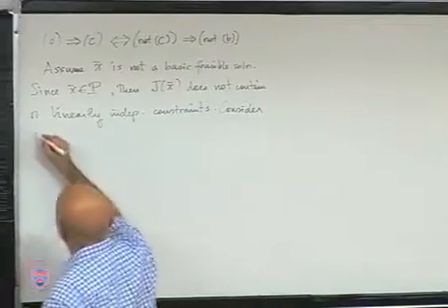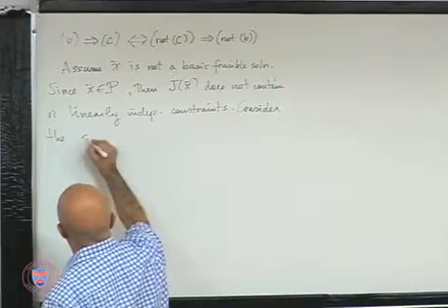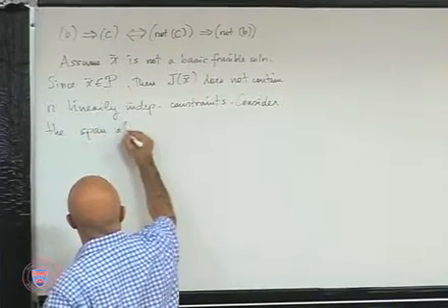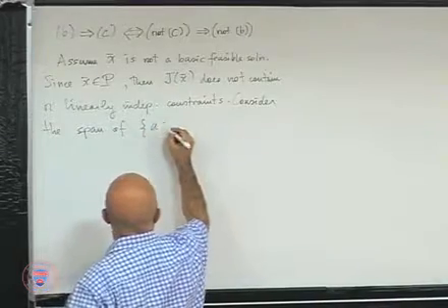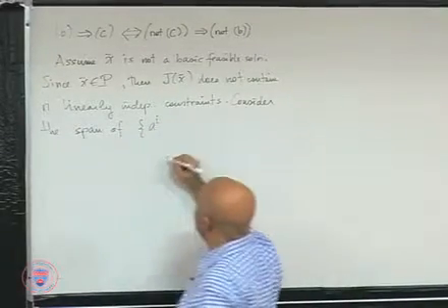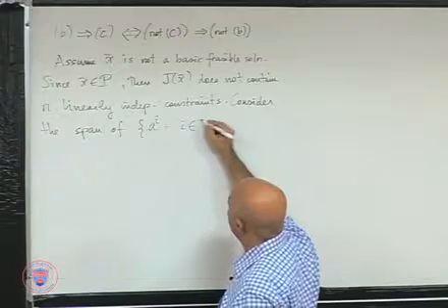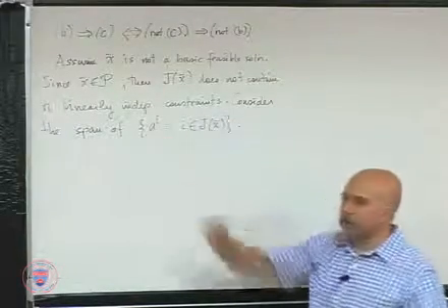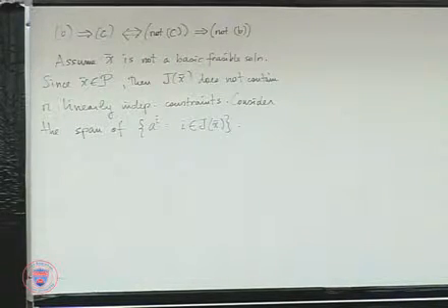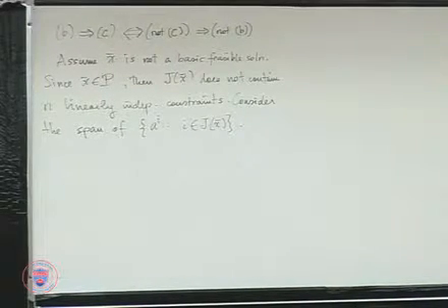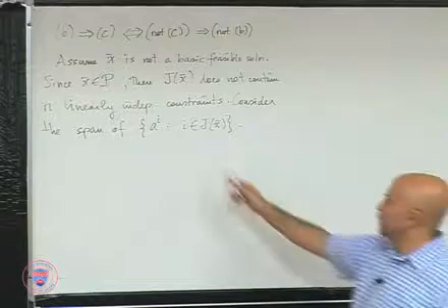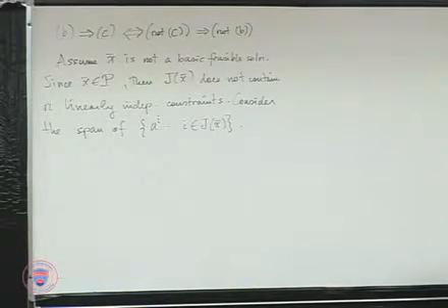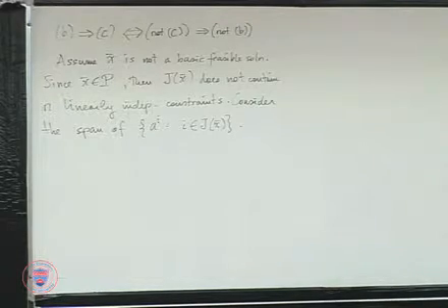Let's look at the span of these constraints or the normals that are in the active set. So you're looking at the row vectors AI whose constraints are in the active set.